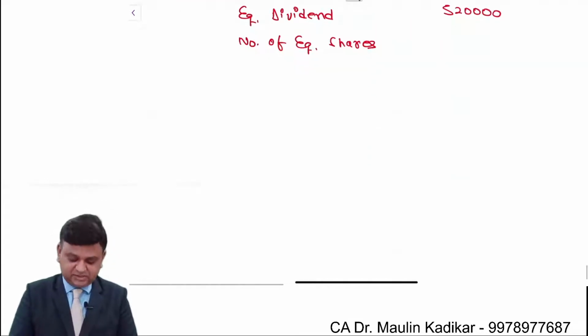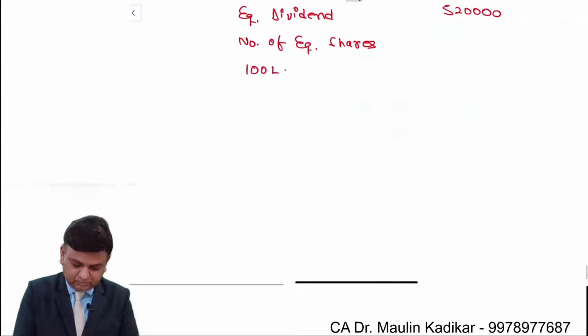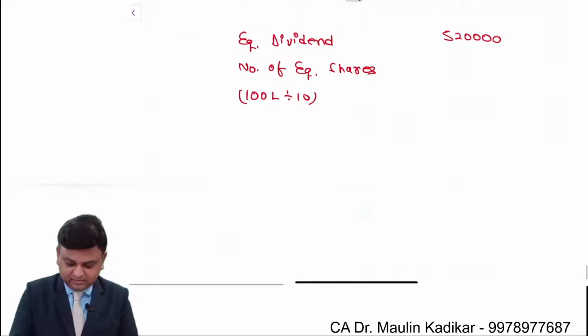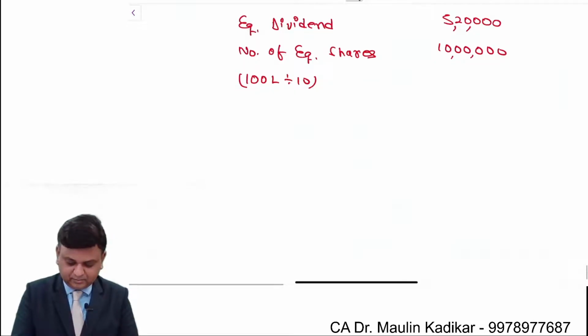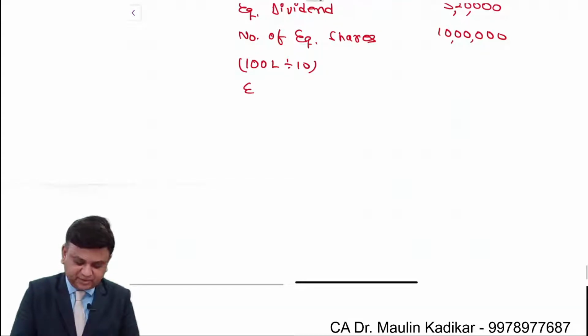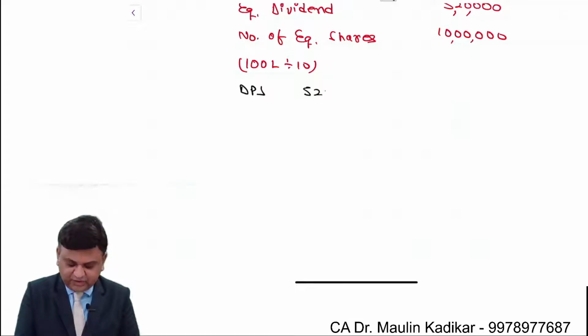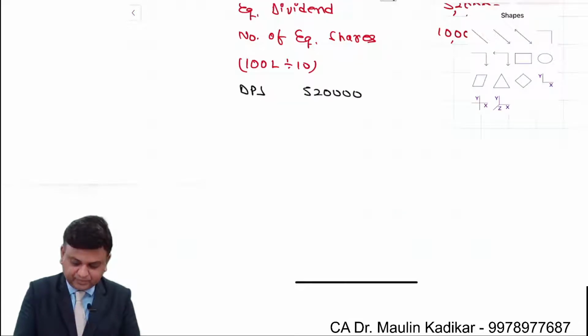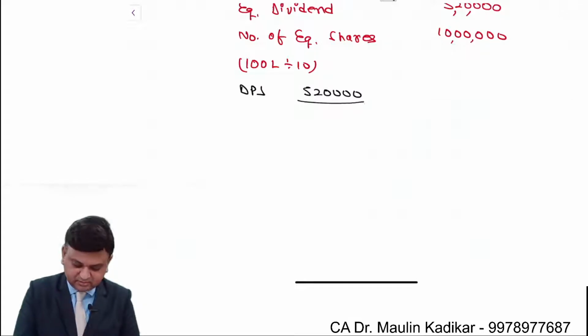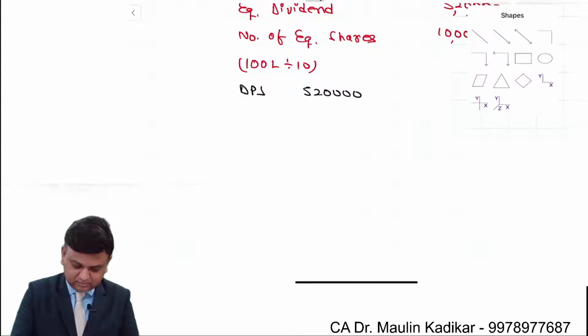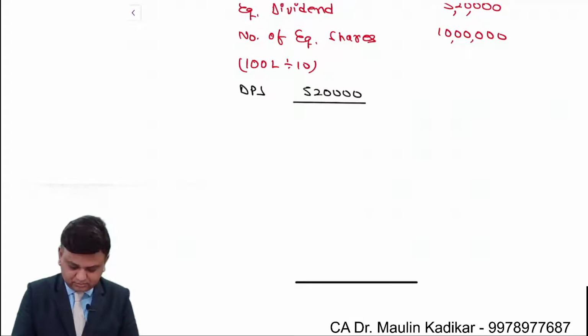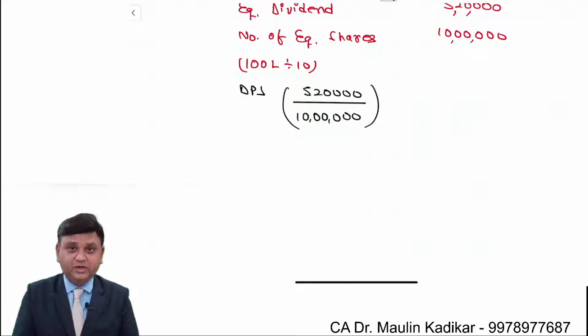Number of equity shares, 100 lakhs divided by 10, that comes to 10 lakhs. This will give us dividend per share. 5,20,000 divided by 10 lakhs. That gives us dividend of 0.52.